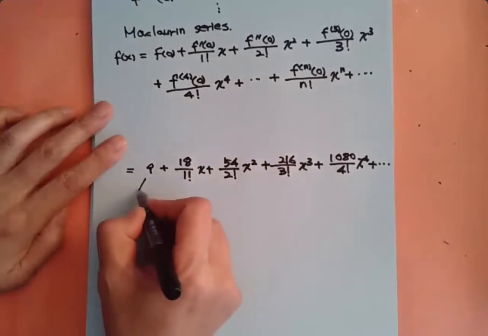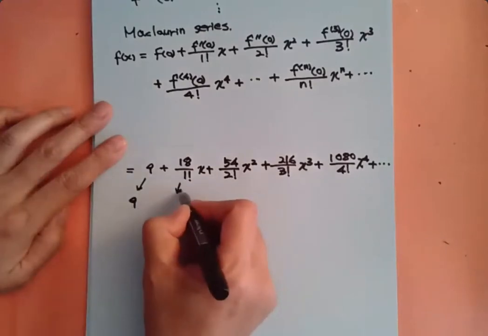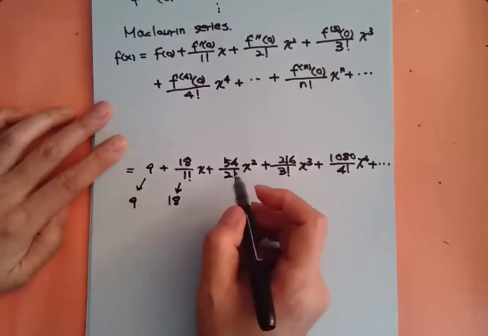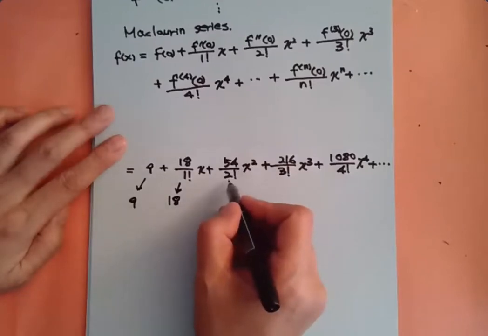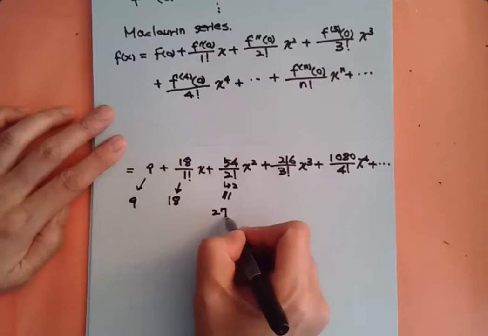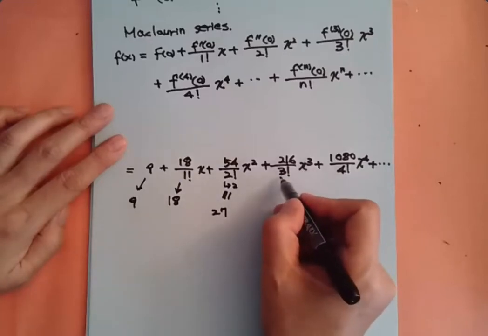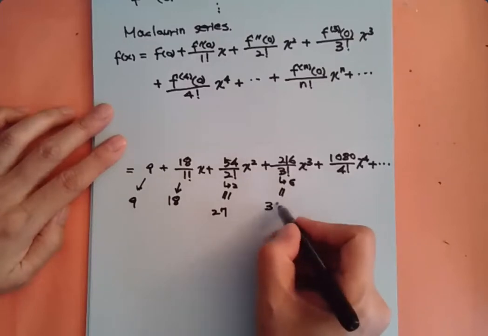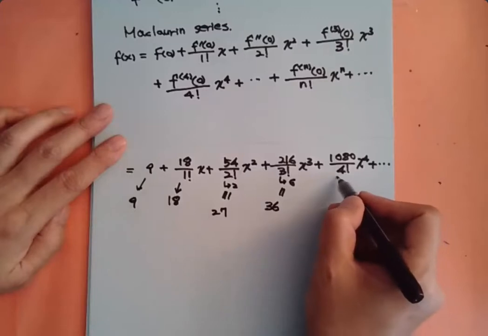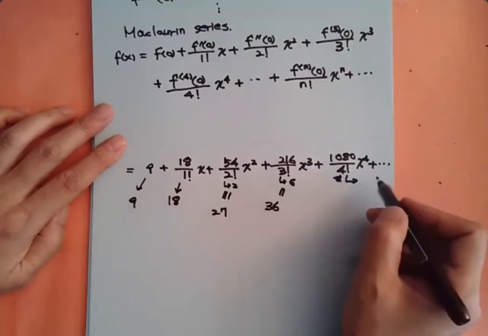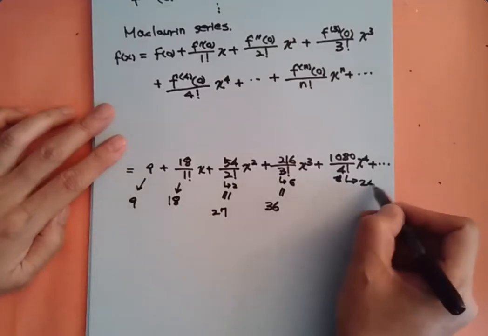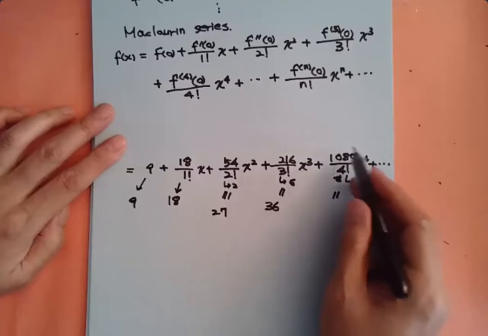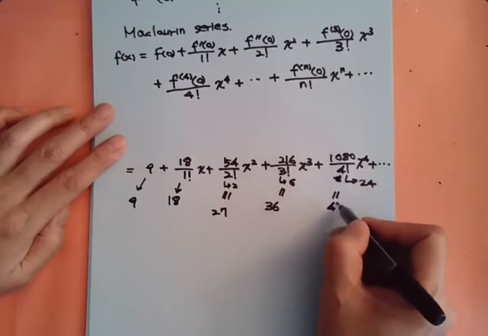So if you look at this, this is 9, and this one is 18, and this one, 2 factorial is 2, so that'll be 27. And then 3 factorial is 6, so when you divide that, we get 36. When we think about 4 factorial, which is 24, the fraction becomes 45.